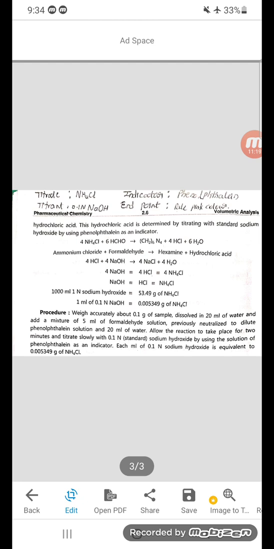Allow the reaction to take place for 2 minutes and titrate slowly with 0.1 normality sodium hydroxide using phenolphthalein solution as an indicator.